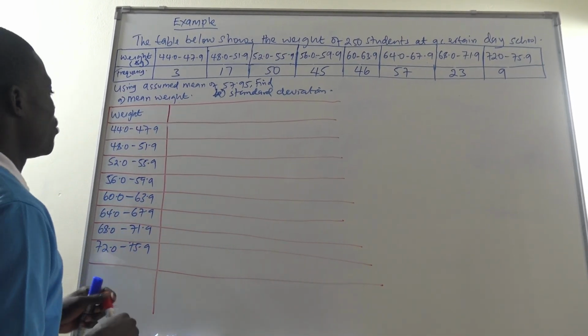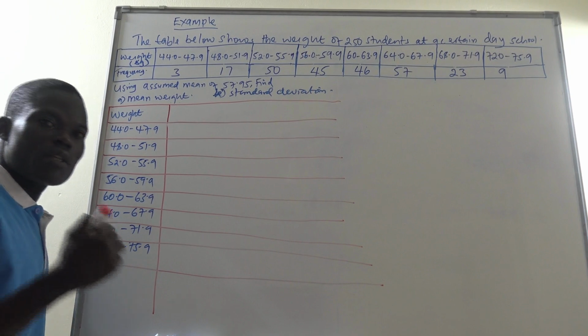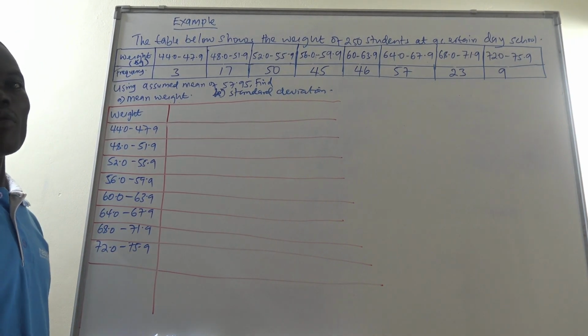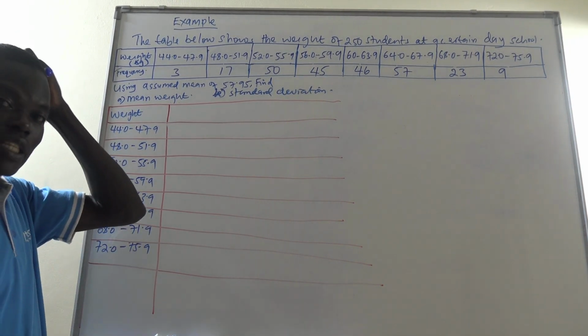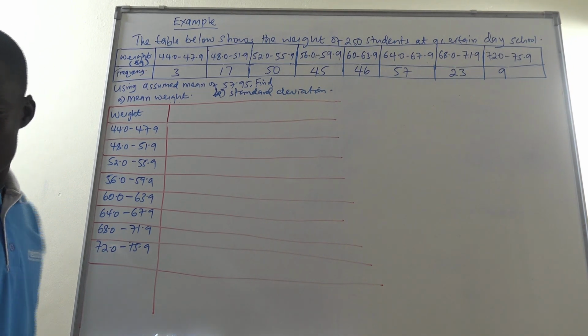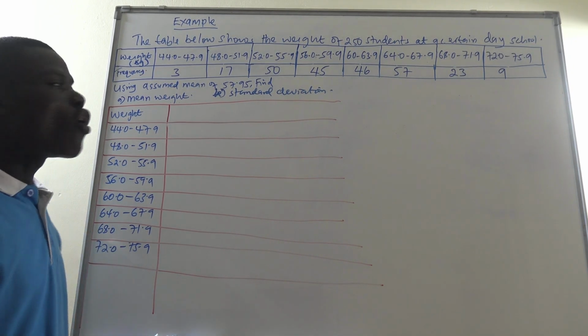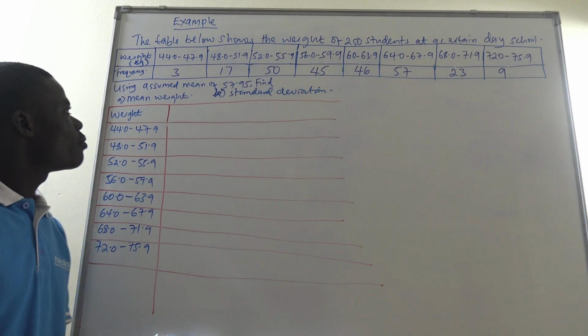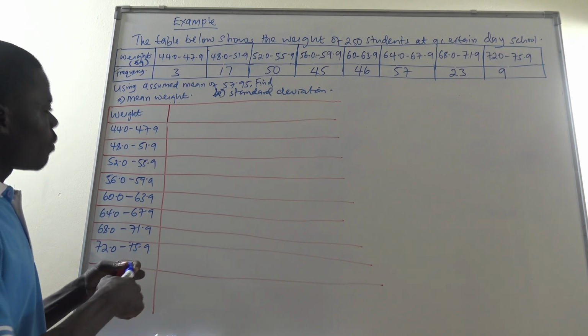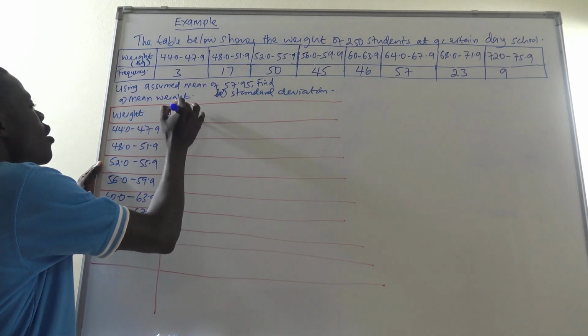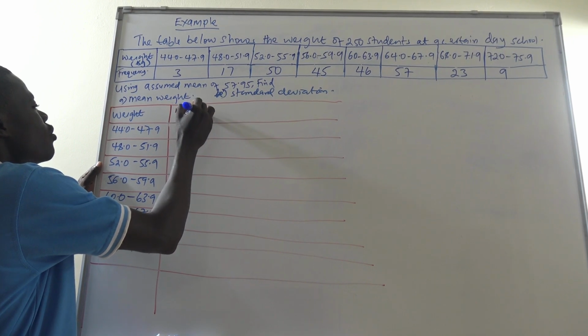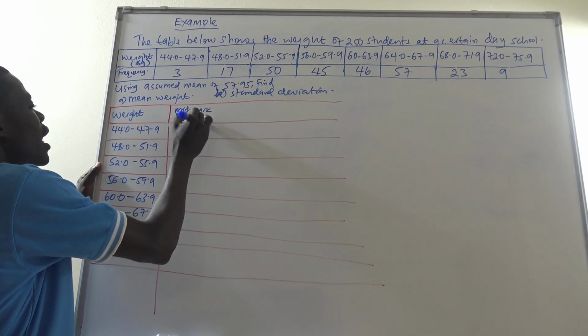Then to calculate the mean and standard deviation, we need the value of x, which is the midpoint. So we are going to get a column for the midpoint, or midmark x.